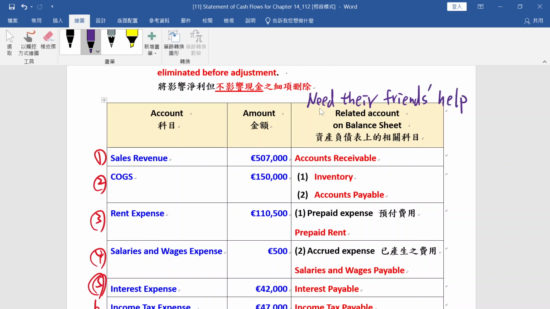Okay, so who's their friend? Sales revenue has a relationship with accounts receivable, right? Cost of goods sold has a relationship with inventory and accounts payable. Rent expense has a relationship with prepaid rent. Salaries and wages expense has a relationship with salaries and wages payable.